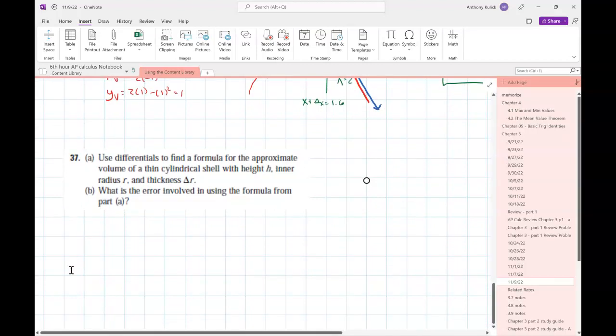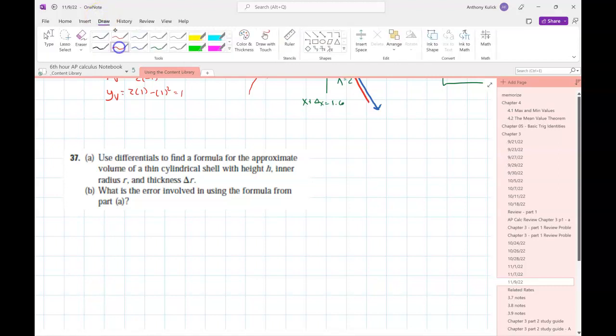So 37 says use differentials to find a formula for the approximate volume of a thin cylindrical shell with height h, inner radius r, and thickness delta r. So let's just start with a picture. I'm going to take a cross section of that cylinder.